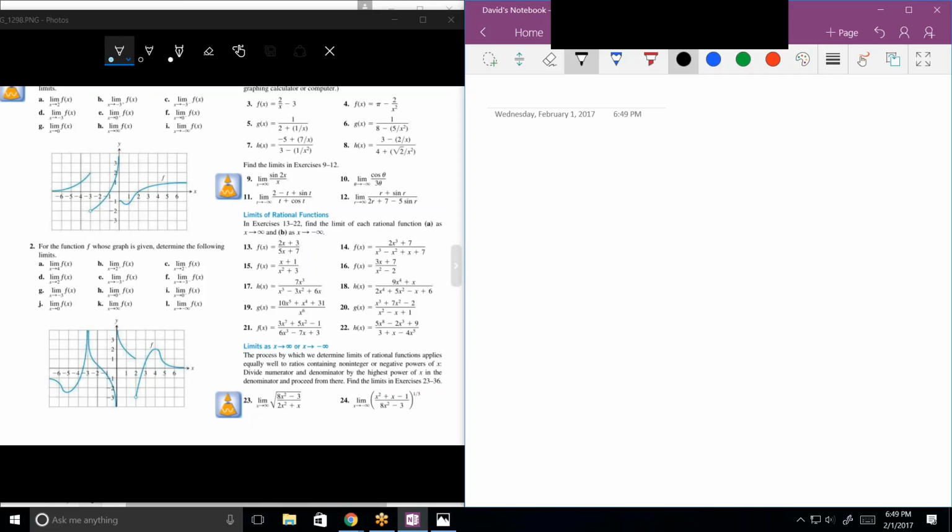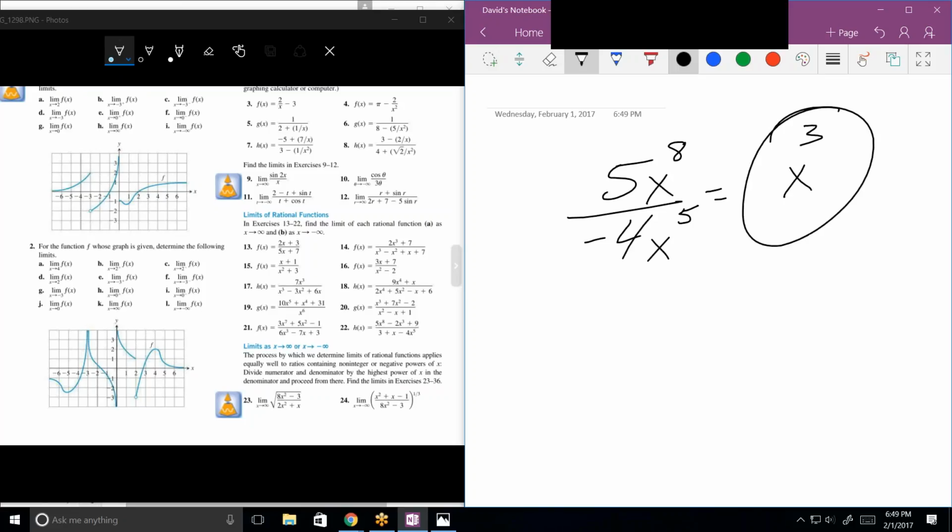In other words, what we're really looking at is 5x to the 8th over minus 4x to the 5th. Well, I don't know that it matters or not. I thought it did last time we looked at it, but it really doesn't, does it?